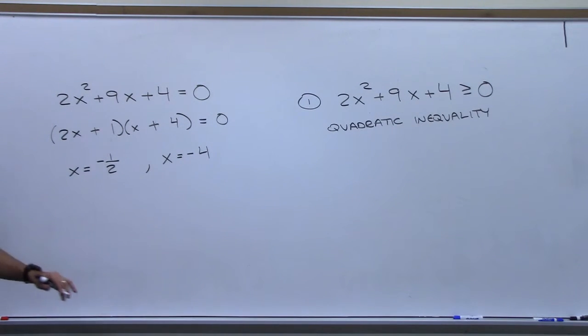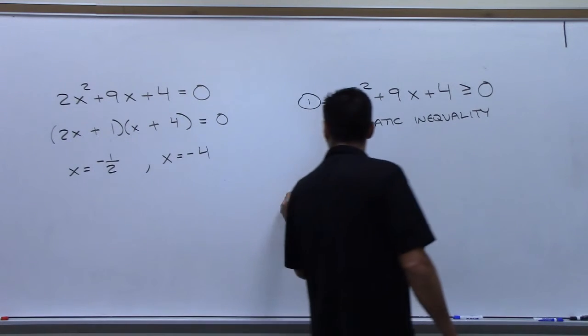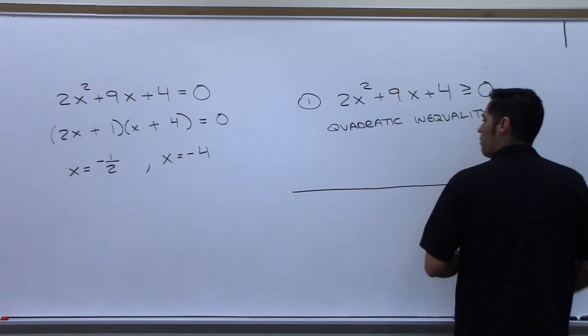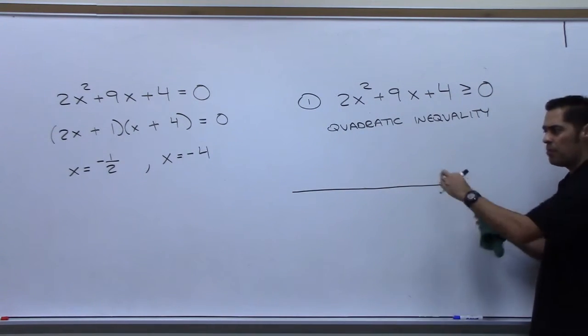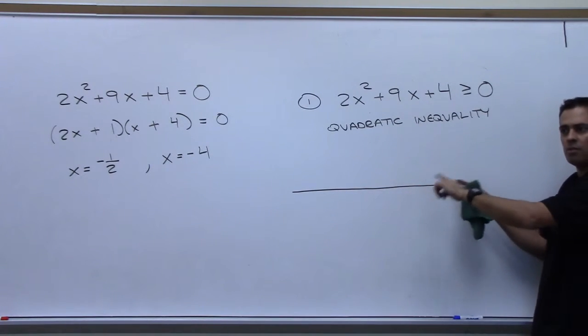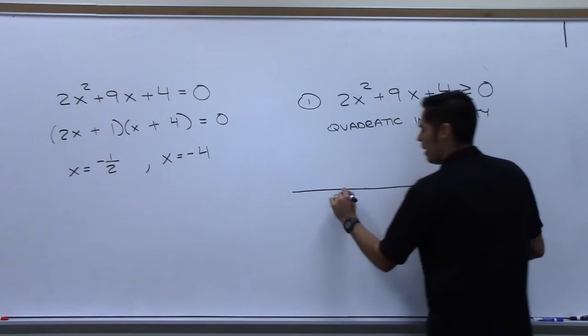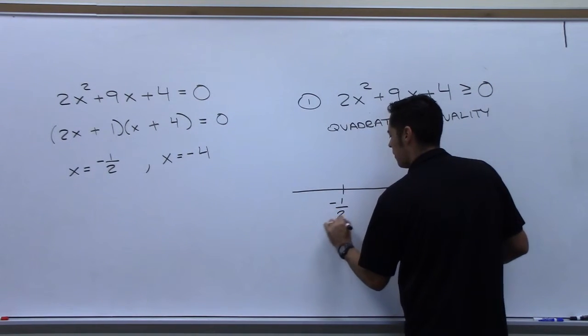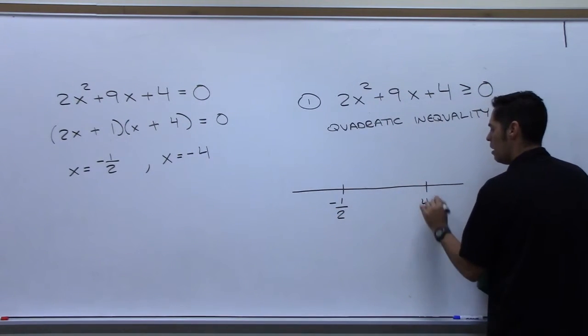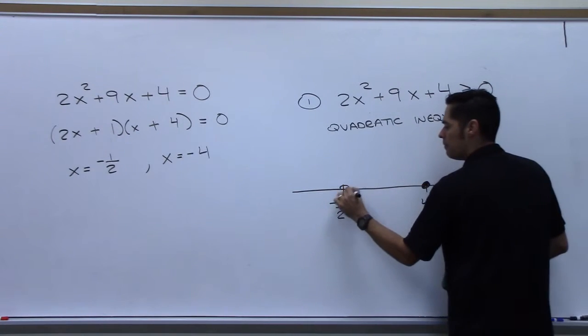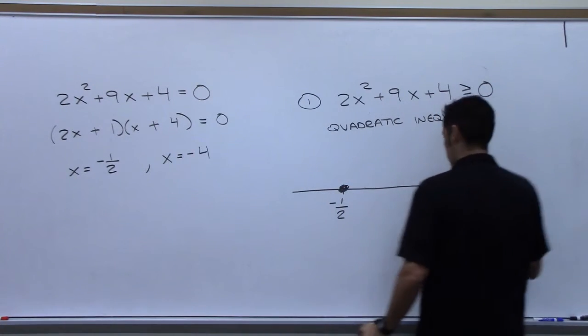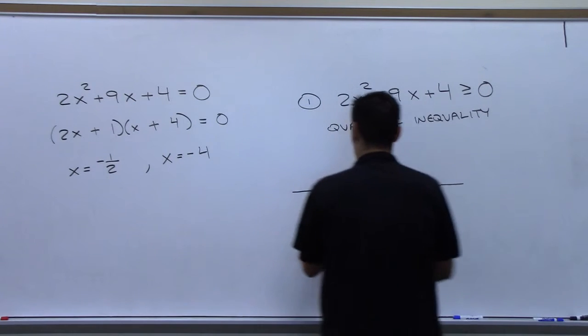What you need to do now is come back and visualize the number line of what your answers represent. Remember how we've been doing the number line, figuring out what stays and what doesn't? Right now, what I know is that negative 1/2 and negative 4 can both be there.